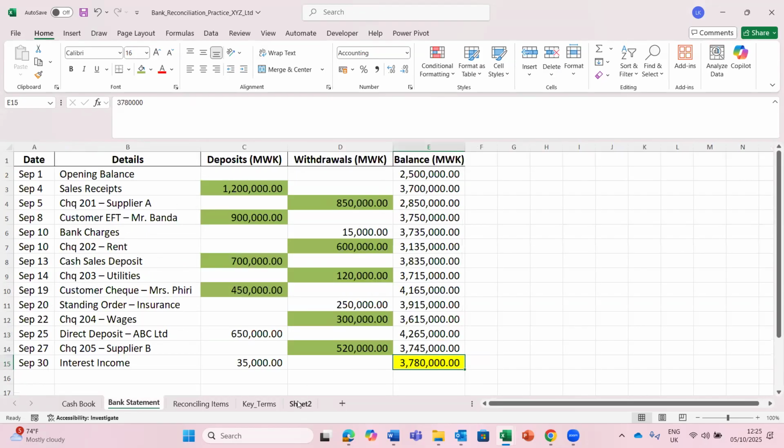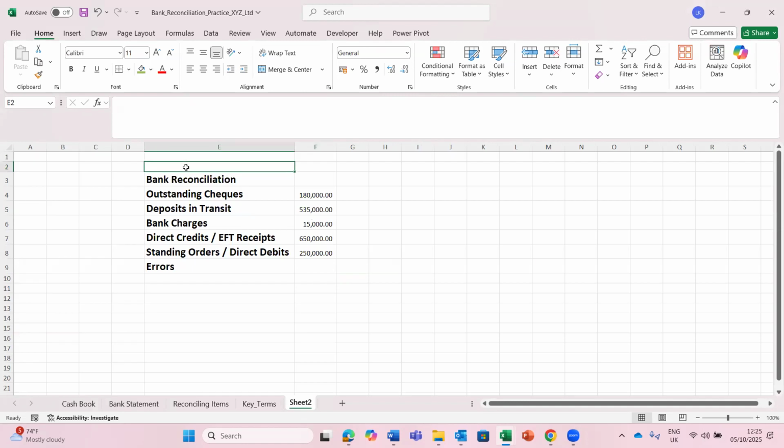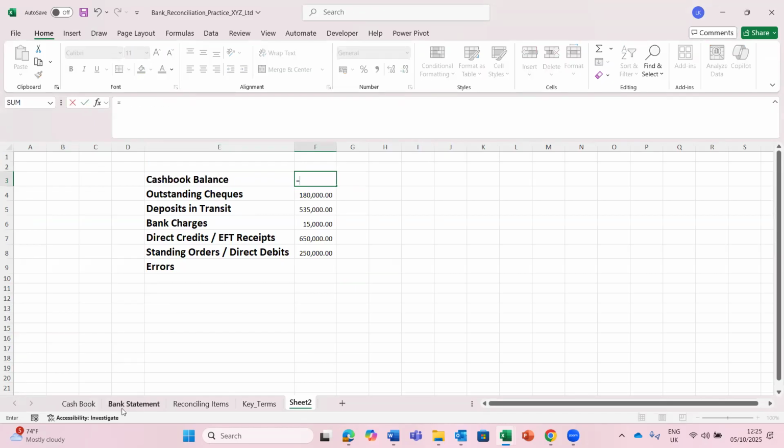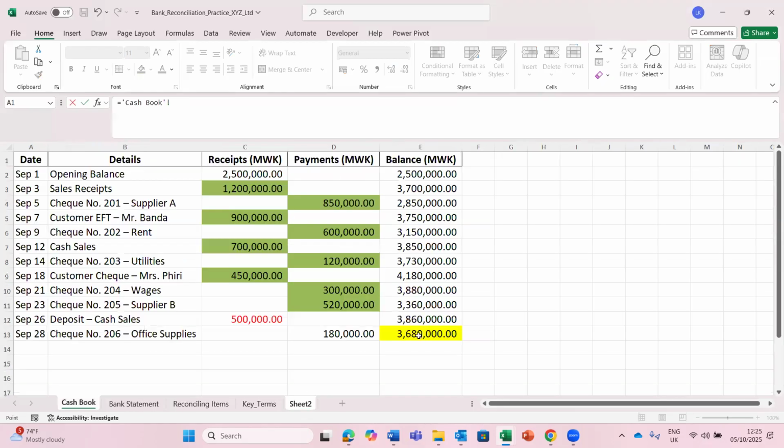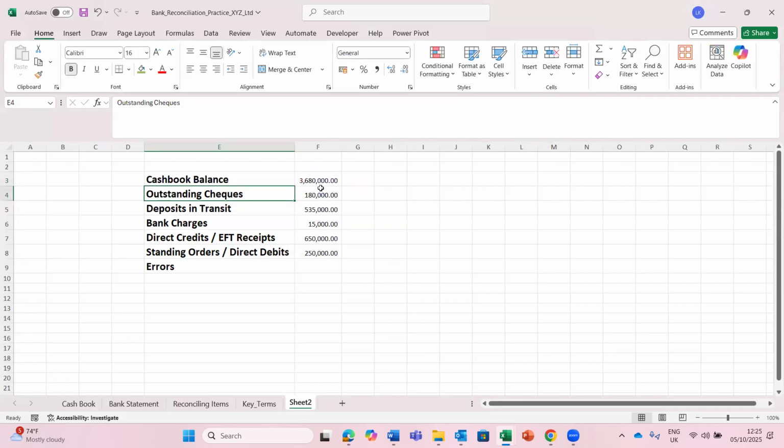You go to this one, and then you can say, let me just remove the word bank reconciliation. Then I'll just say cash book balance. How much is the cash book balance? Cash book balance is 3680.